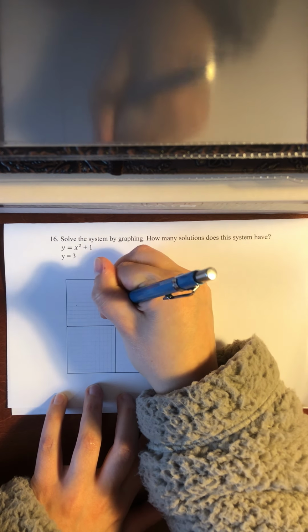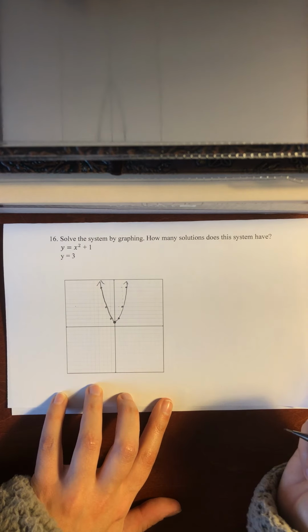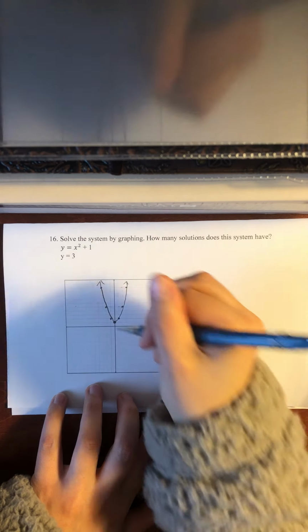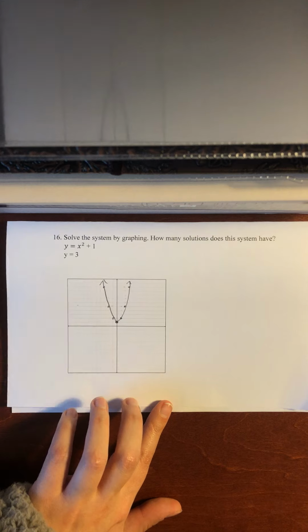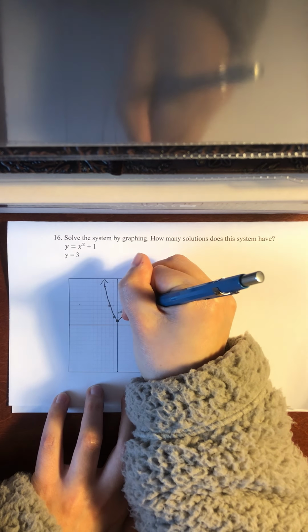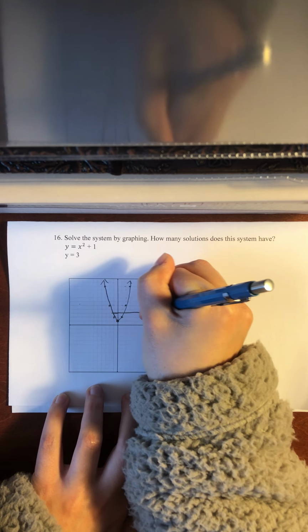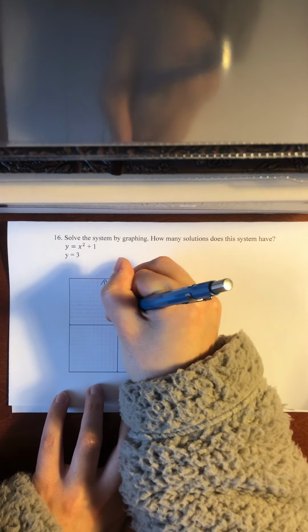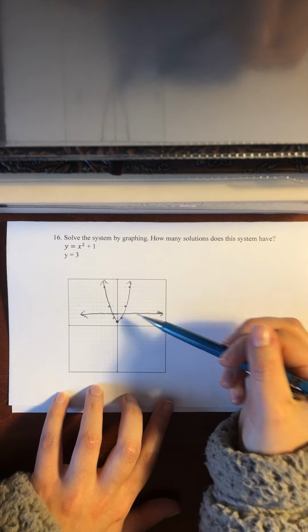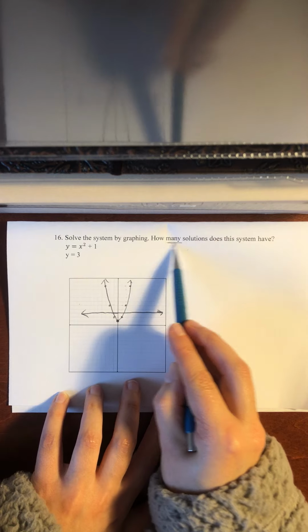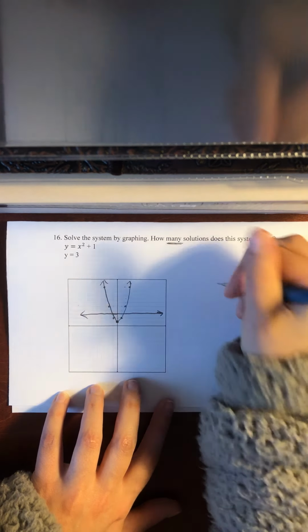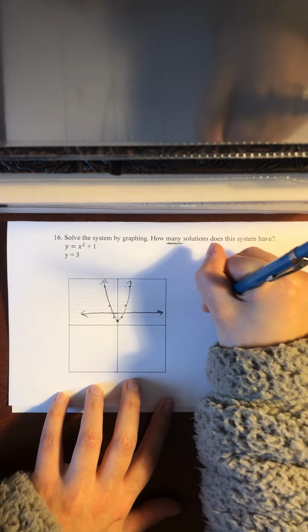Just like that. y equals 3, so 1, 2, 3. Horizontal line. For this one, it doesn't say what are the solutions. It says how many solutions does the system have. So you would say 2 solutions.